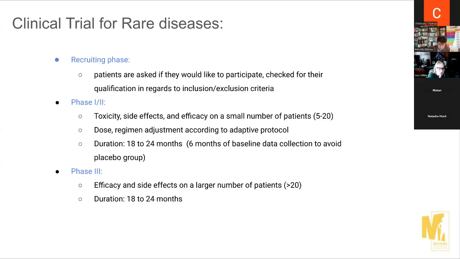So the first 6 months will be the control compared to the 18 months of treatment after that. If everything is okay, we have limited side effects, limited toxicity. I don't say zero side effect and toxicity because it doesn't exist. But limited side effect, limited toxicity, a good efficiency of the treatment. Then we go to the phase 3.